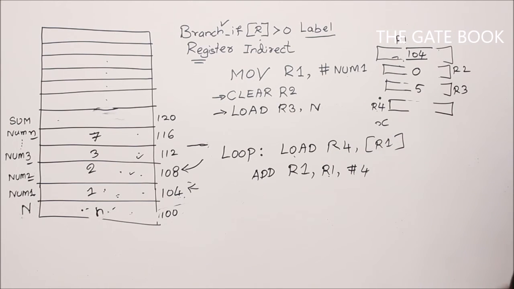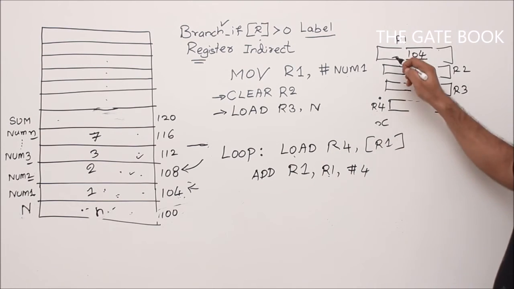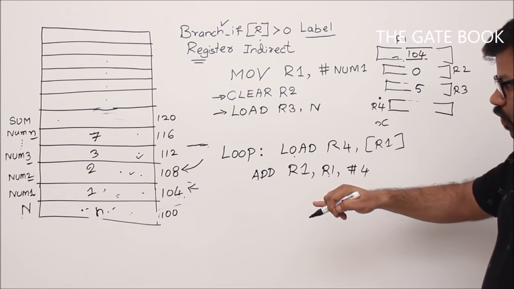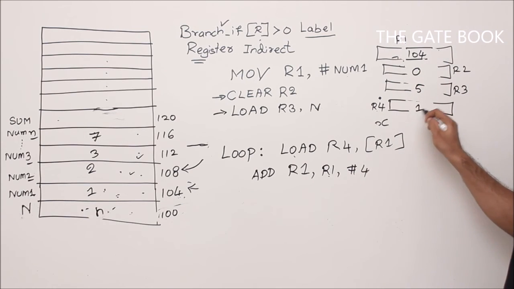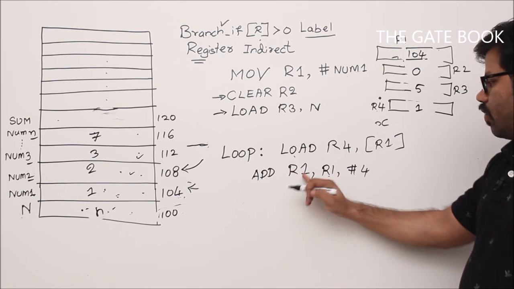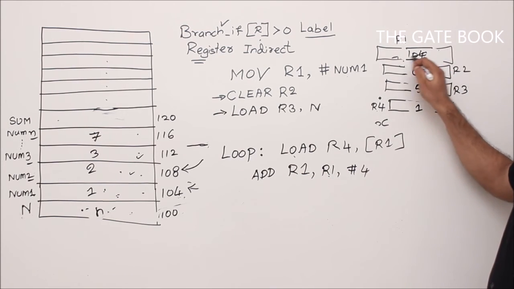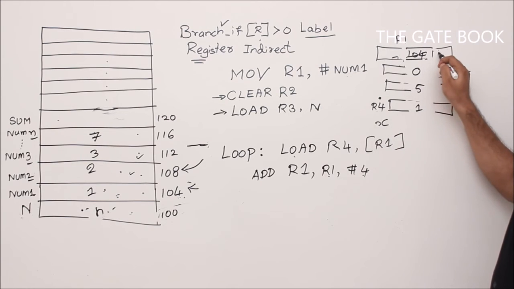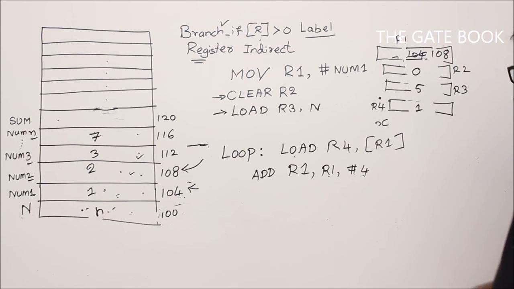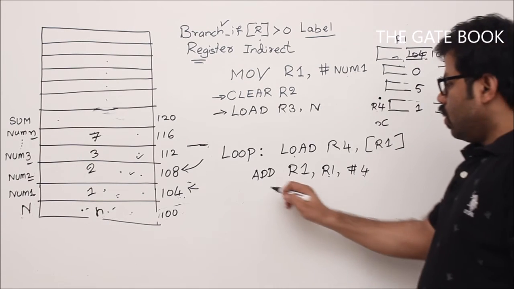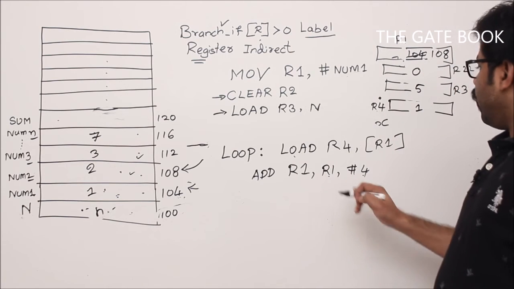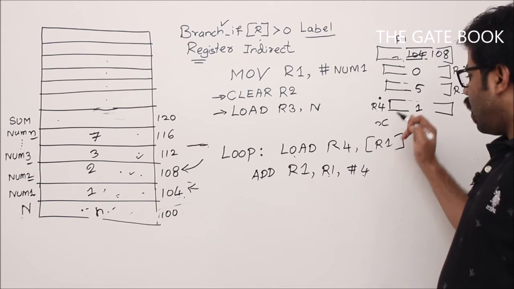Because of that, into R4, first of all, the value of R1, 104. The value at 104, 1, will be added. Next, add R1 equal to R1 #4. So that means increment R1 by 4. Correct? 104 plus 4, 108. Next step, what to do? Next step, what we have to do is, now we have to add this R4 value.